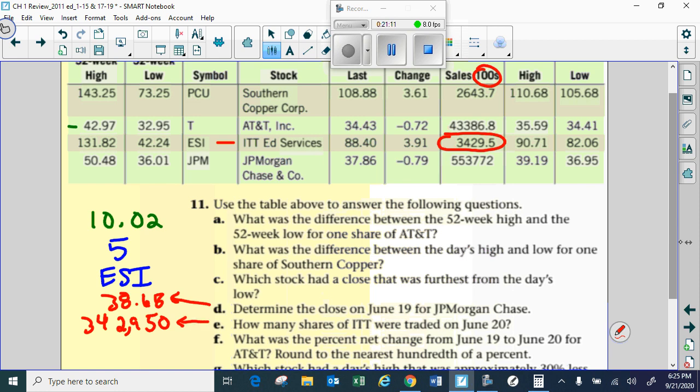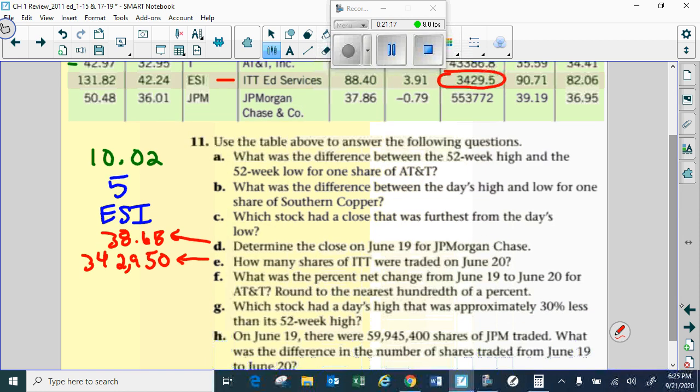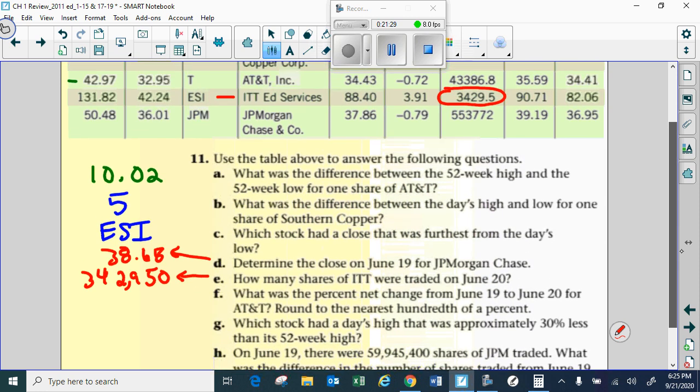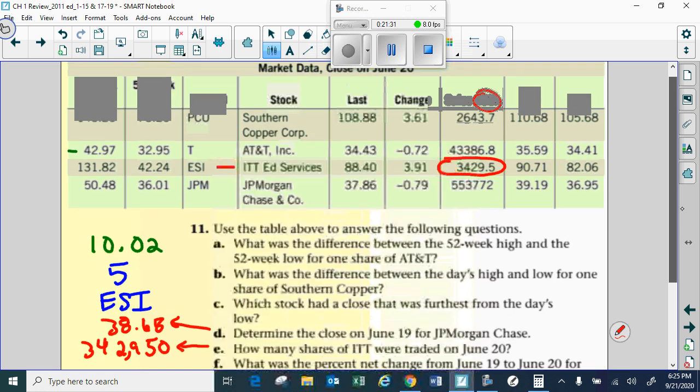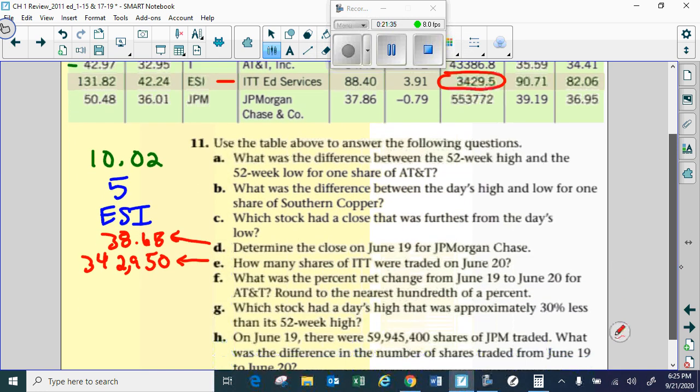For that one. What was the percent net change from June 19th to the 20th for AT&T? Okay, that's our new minus old divided by old. The net change here is new minus old, and we're going to divide it by old.